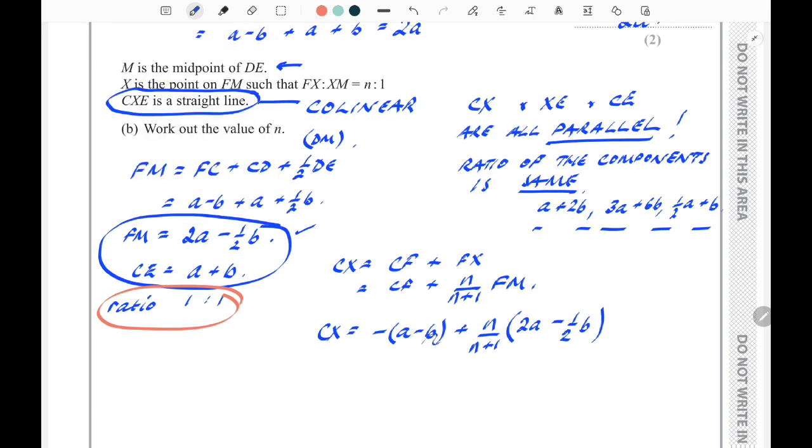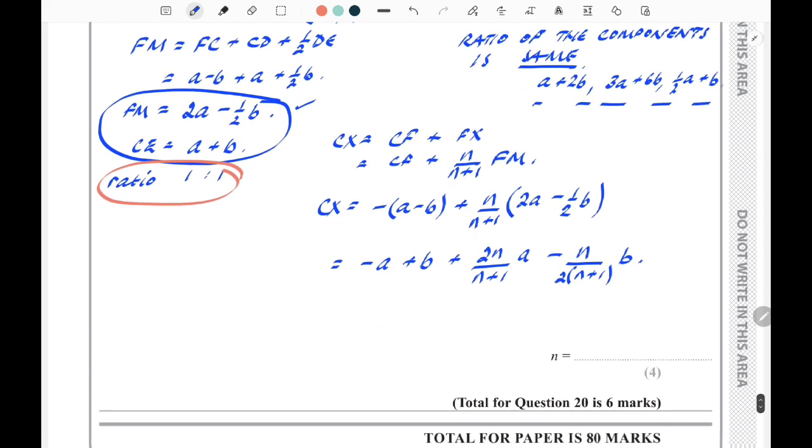Get all of this tidied up so we have all the A bits together and all the B bits together, all right? So let's see what we're doing. We have minus A plus B plus 2n over n plus 1 A minus n over 2 times n plus 1 B, okay?